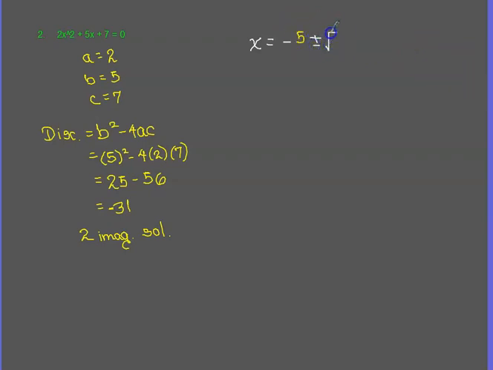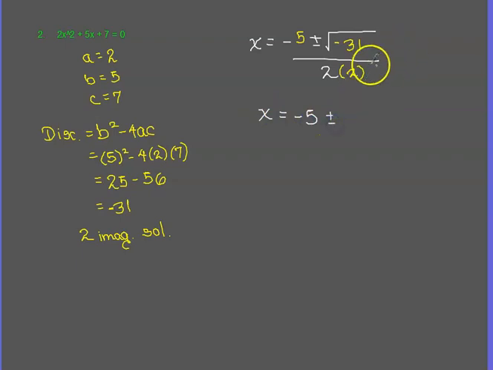Plus or minus the square root of, and we've already solved for b squared minus 4ac, it's negative 31, all over 2 times a, which is 2 times 2. And x equals negative 5 plus or minus.